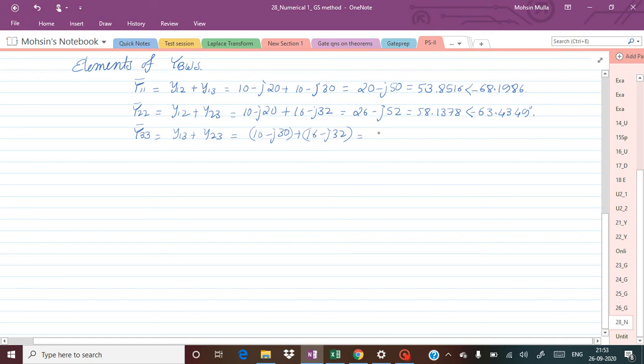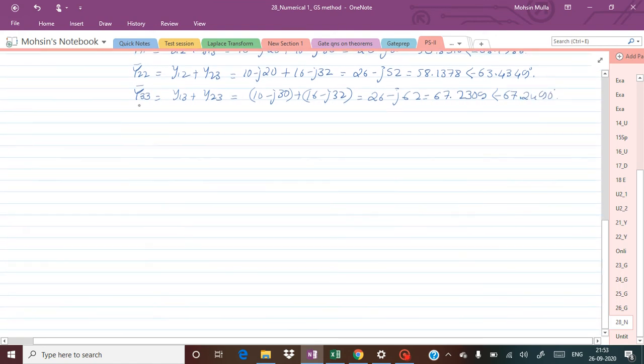Simplifying, we get 26 minus j62. Obtaining the polar form, we get 67.2309 at an angle of minus 67.2490 degrees.